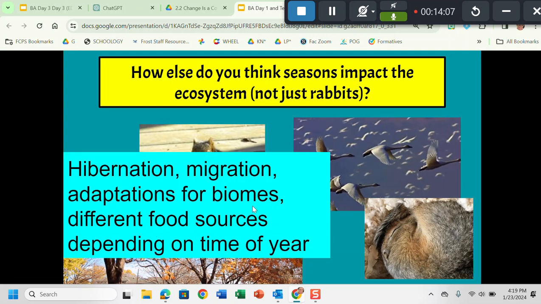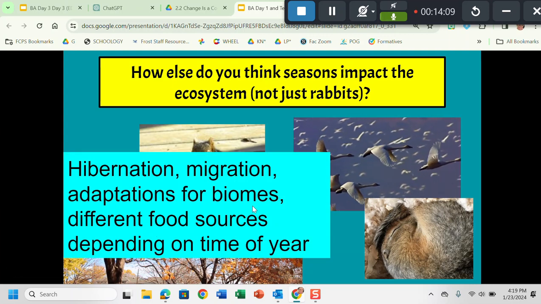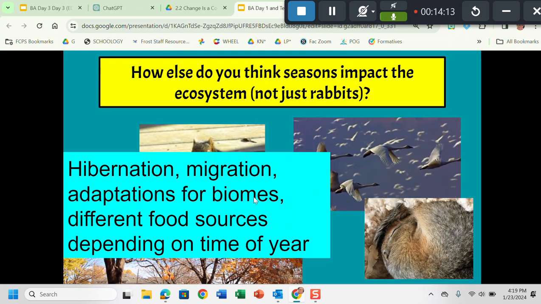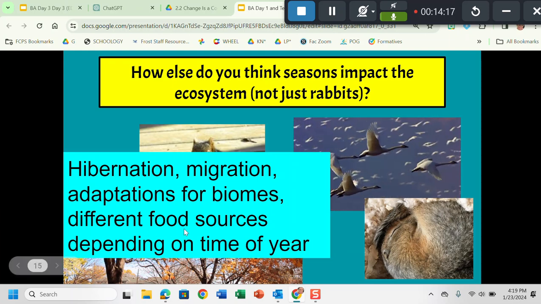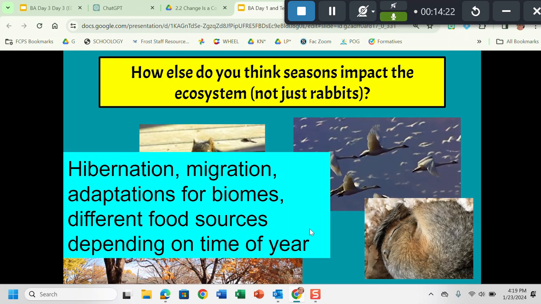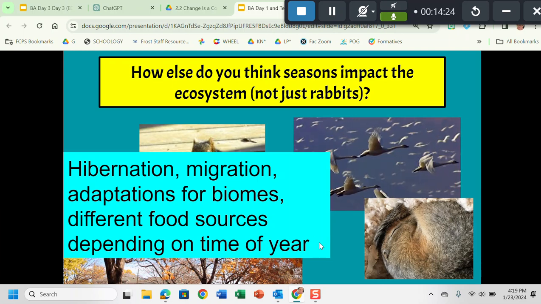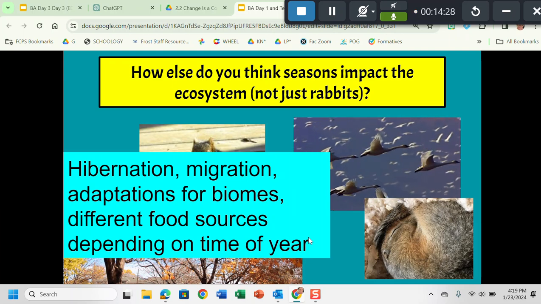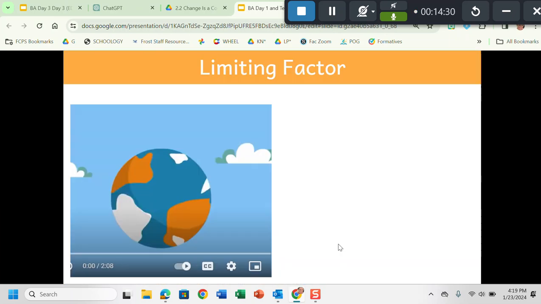And we also know that long-term, some animals and plants end up with adaptations that make them more suitable to live in their biomes. And different food sources come about depending on the time of year. So that is an effect of seasons because we have different plants and different animals available at different times of the year.